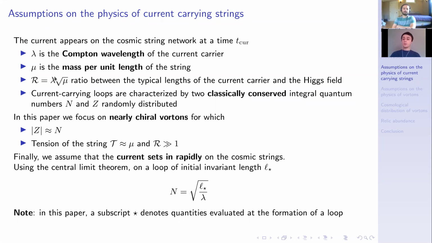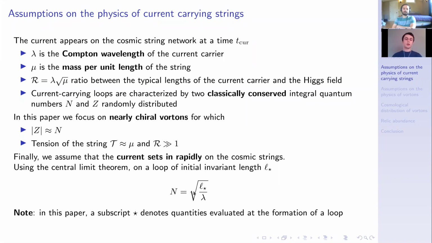And finally, we also assume that the current sets in very rapidly on the cosmic strings, and that the charge of the cosmic string loop is given via a random process, random walk on the string, thermal process, and is given by this central limit theorem that basically says that the charge on the string is proportional to the square root of its length at formation.